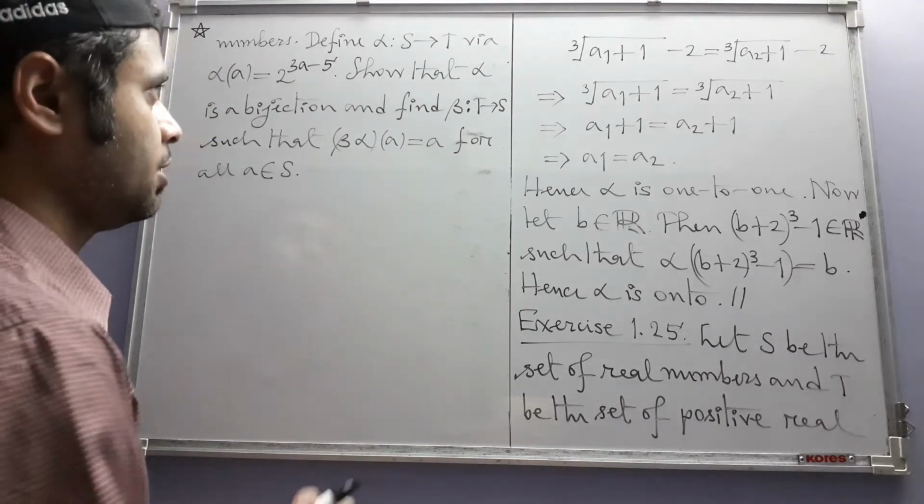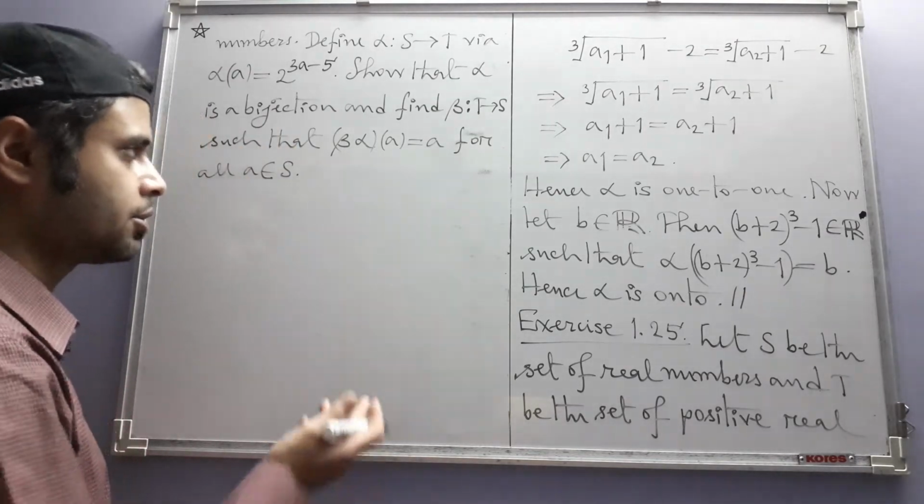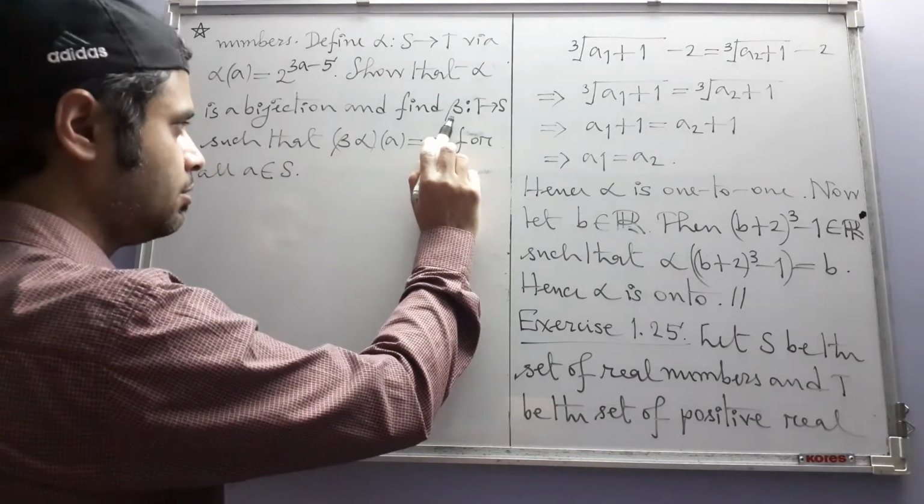Only when a function is bijection does its traditional inverse exist, and that inverse is beta.